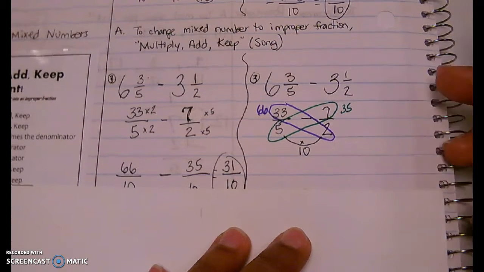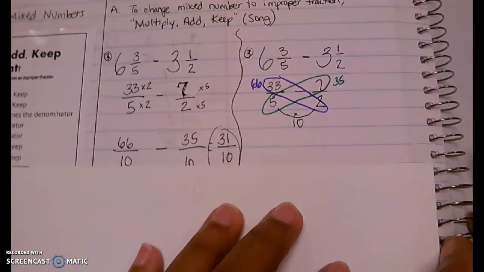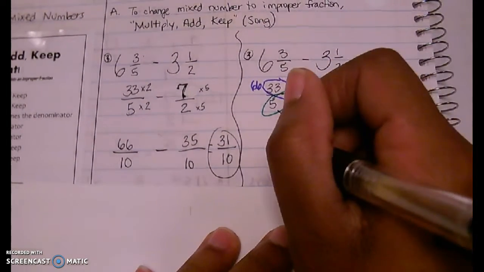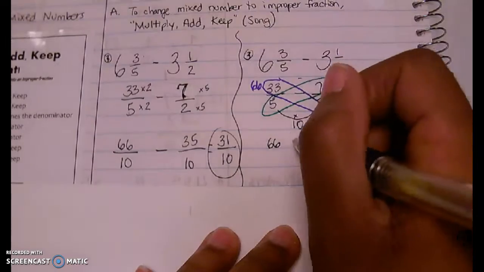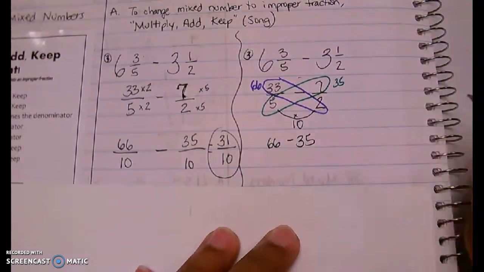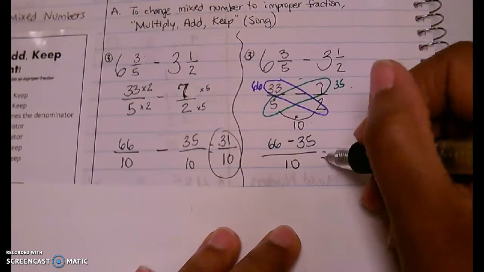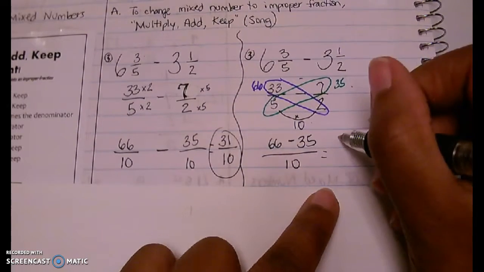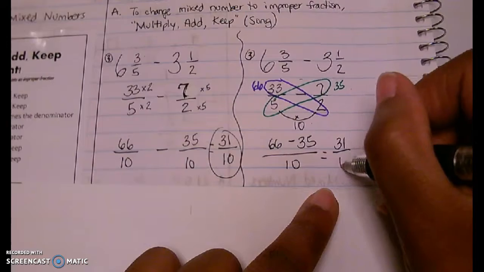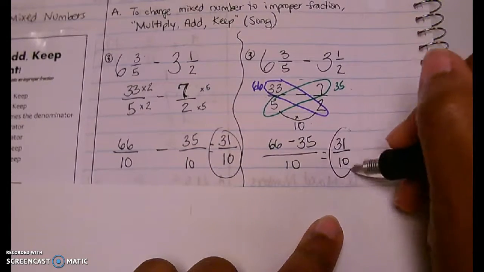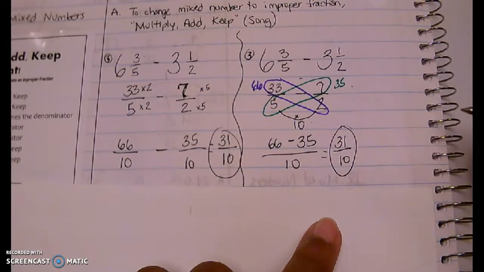Now that I have all this, I can essentially set my problem up to say 66 minus 35 over 10. Okay? And I know that 66 minus 35 is going to give me 31 over 10. And so now we're here where we ended up.